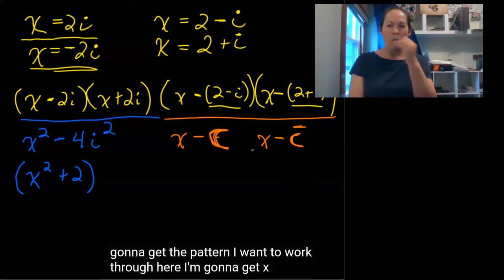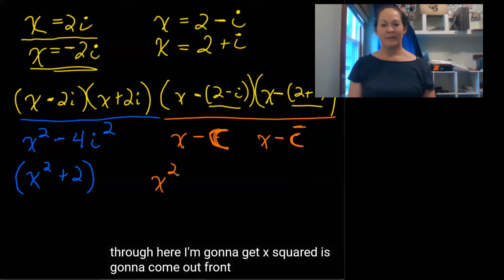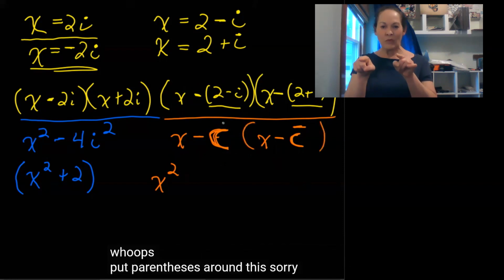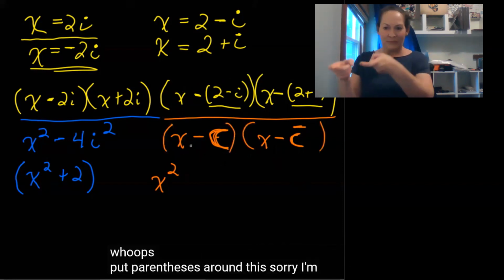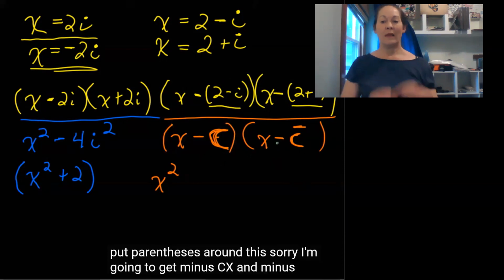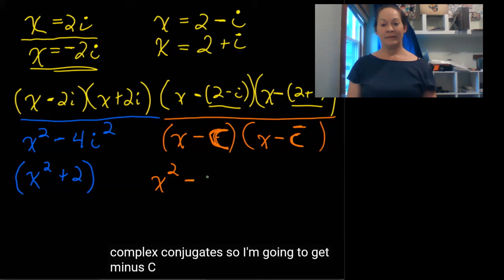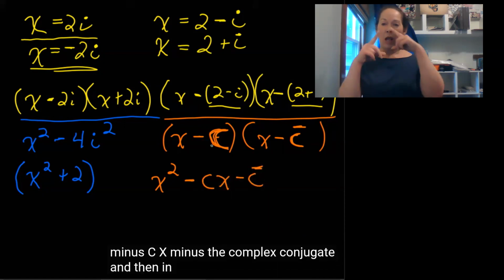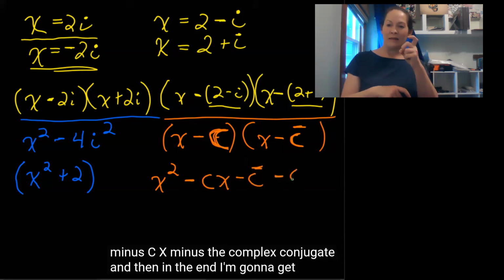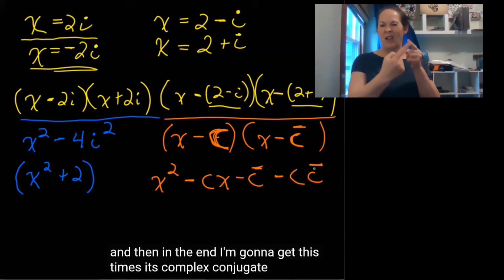So I'm going to get x squared coming out front. Okay, x squared. Whoops, put parentheses around these, sorry. I'm going to get minus cx and minus the complex conjugate times x. So I'm going to get minus cx, minus the complex conjugate x. And then in the end, I'm going to get this times its complex conjugate.